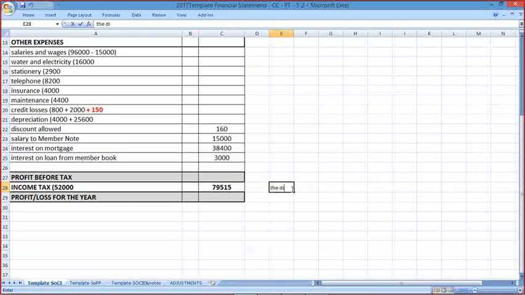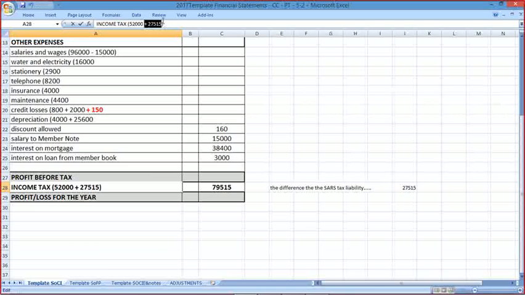Do I need to provide for a difference? Yes. The difference is the SARS tax liability. Have you paid all the tax? No, you haven't. Okay, so 79,515 minus what we had earlier, 52,000. Gives me brackets plus 27,515. Okay. What is that? That's a liability.